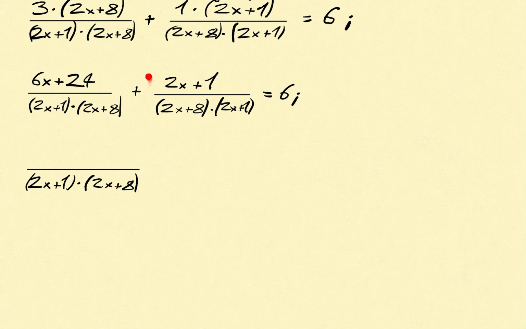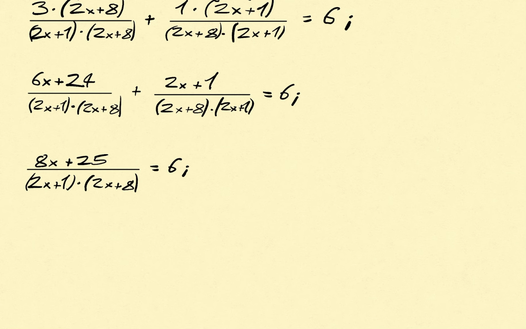Remember, there's a sum sign here, or an add sign, and we're going to add the two numerators together. So we'll get 8x plus 25. And remember, all of this is equal to 6. Okay, we're getting closer to the final value.